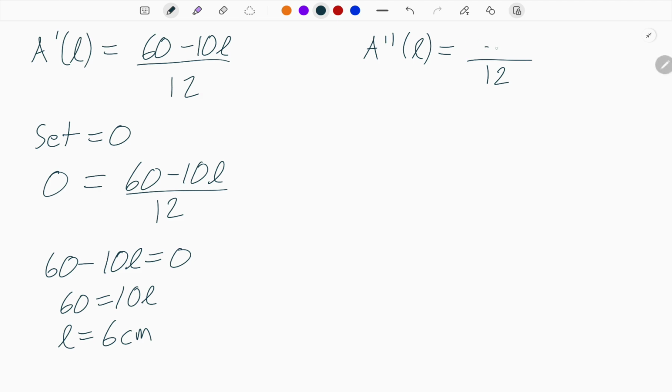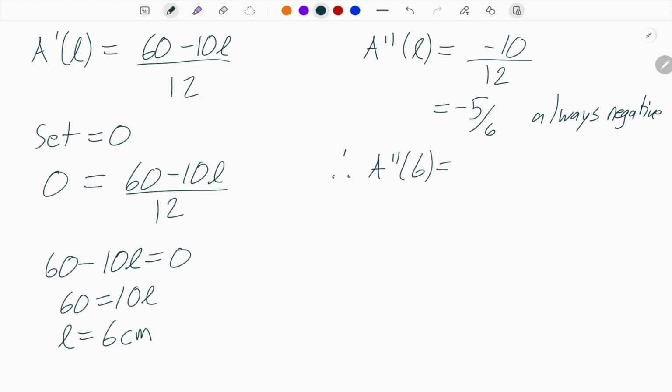And then it's just negative 10, or a negative 5 over 6. Always negative. So therefore, if you plug in 6, I mean, there's nothing to plug in. So it's just negative 5 over 6. So L equal to 6 is a maximum.